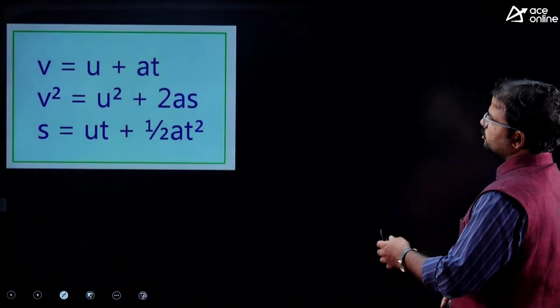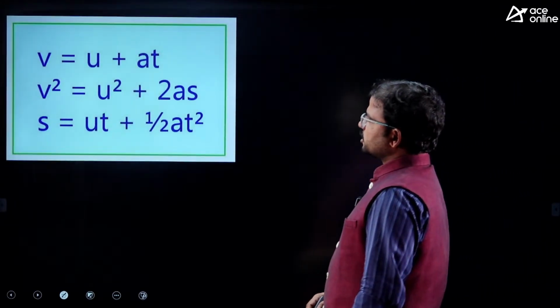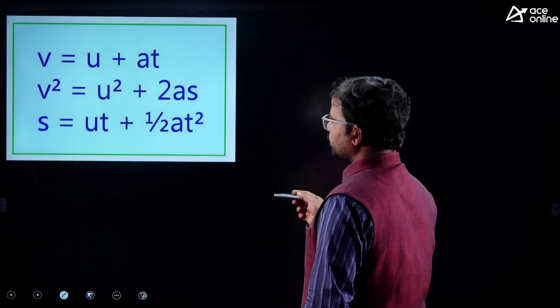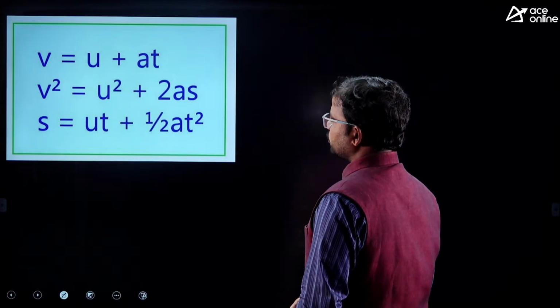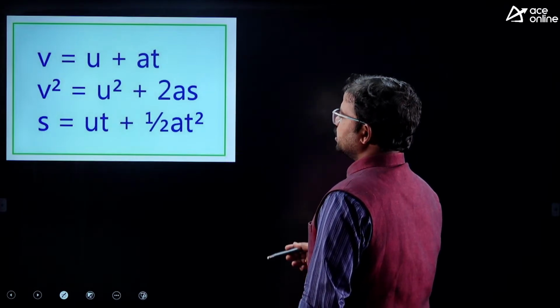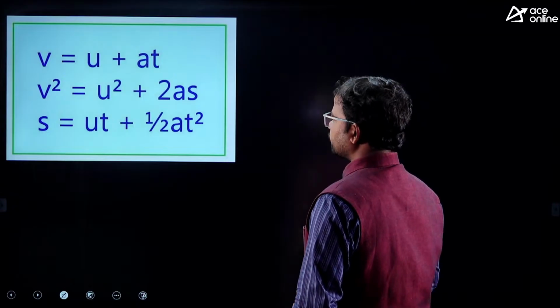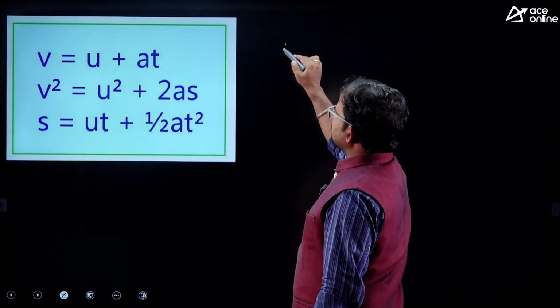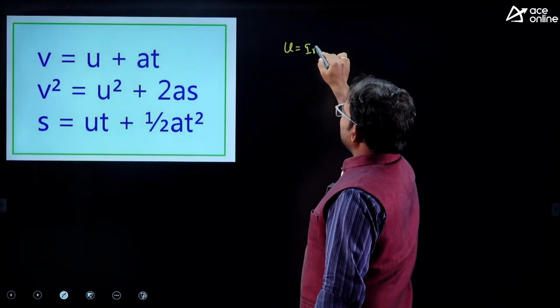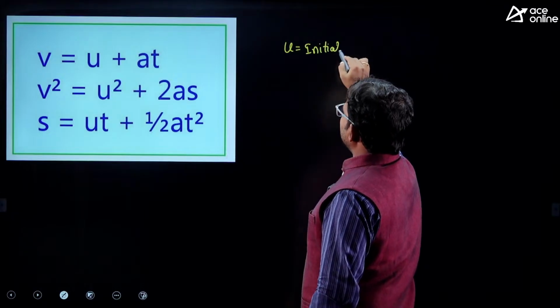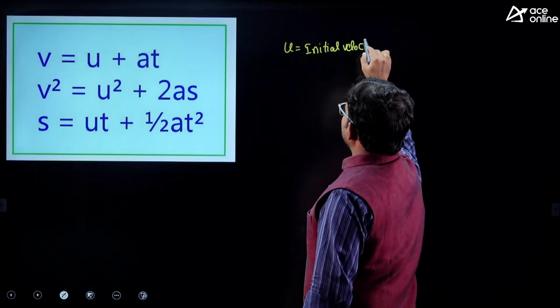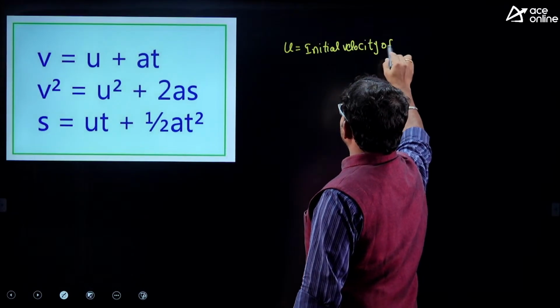Here you can observe that V is equal to U plus AT. Next, V square is equal to U square plus 2AS. Next, S is equal to UT plus half AT square. Here, U means nothing but the initial velocity of an object.